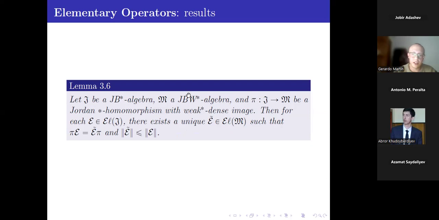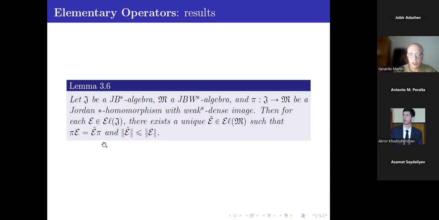In this case, the result is more general. When we consider a Jordan star homomorphism between GB-star algebras such that the image is weak star dense, then for each elementary operator, we obtain a unique elementary operator in M satisfying this property.